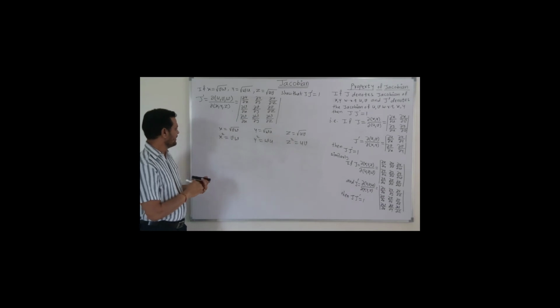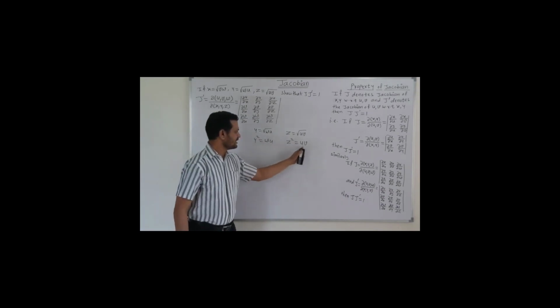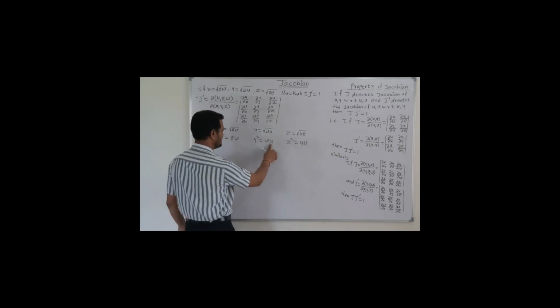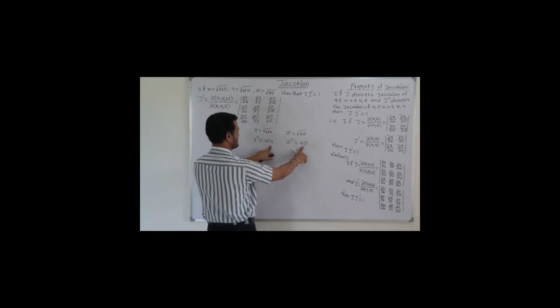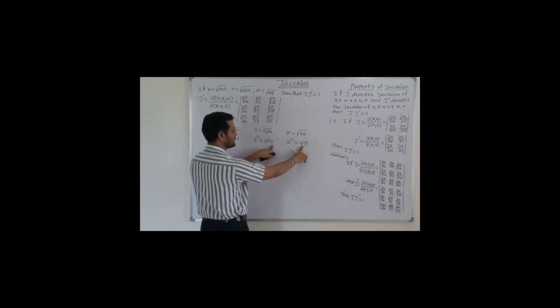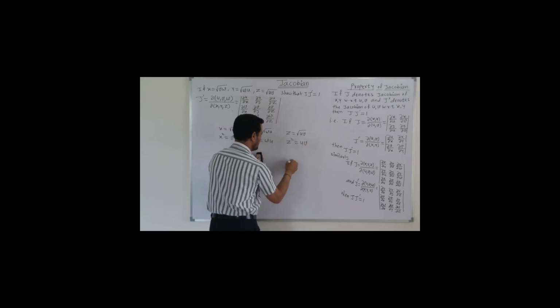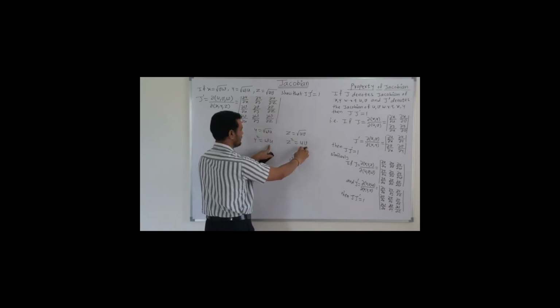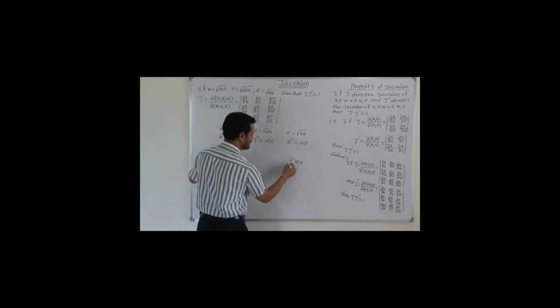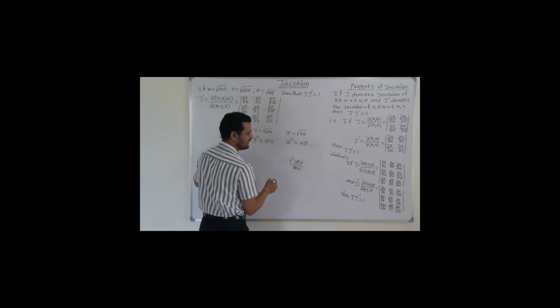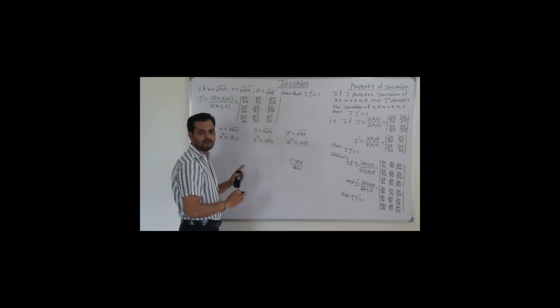Now friends, if we observe the right hand side of these 3 terms, then to calculate the value of u, u is present in the second and third equation. So if we take the product of these 2 terms, then we get u into u, u square into wv. After taking the product, wv is available, so if we divide by wv, then these 2 terms will get cancelled and we get the value of u square.